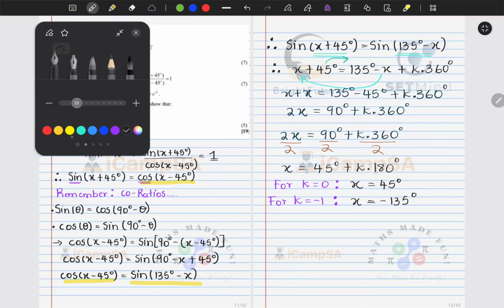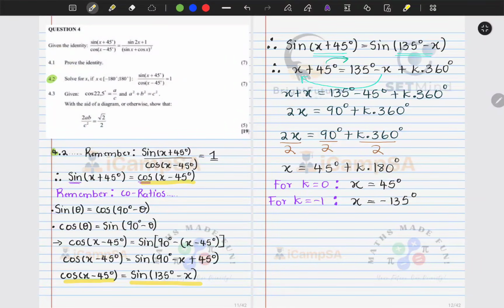But because we know that this trig ratio here really simplifies to 1, actually any x value, as long as it doesn't make the denominator 0, will work. Okay, just think about that.